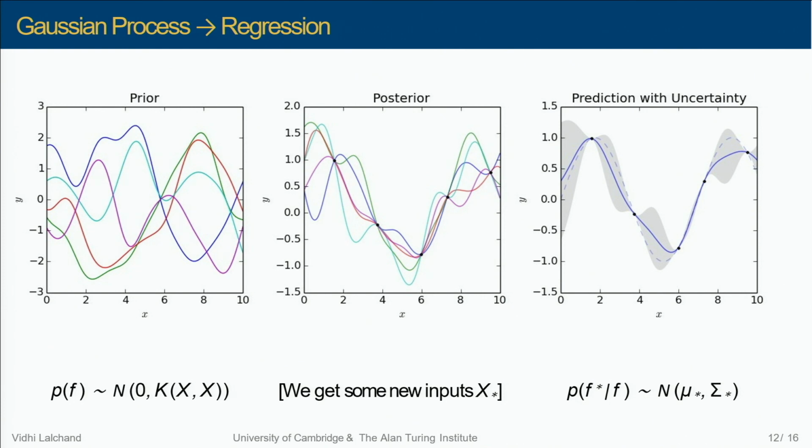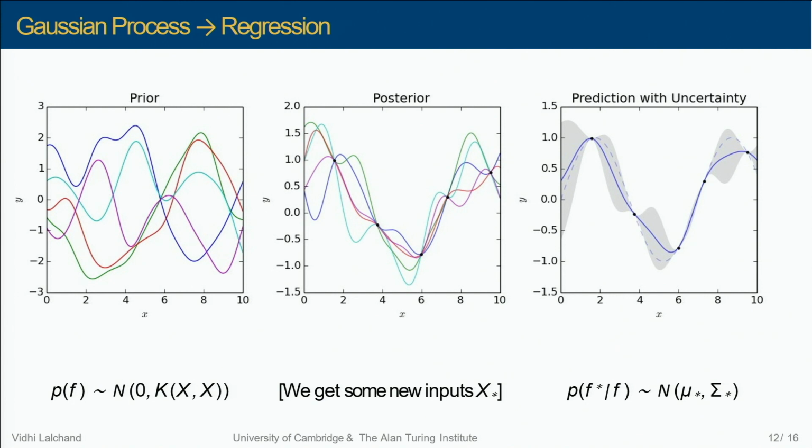In this graph, we see the space of sample functions that we define our Gaussian process to have, and we select the RBF covariance function, so we get these smooth functions. Then we observe some data points. How regression works in a Gaussian process model, intuitively speaking, is that once the data starts coming in, it filters out all the functions that don't pass through or next to the data.